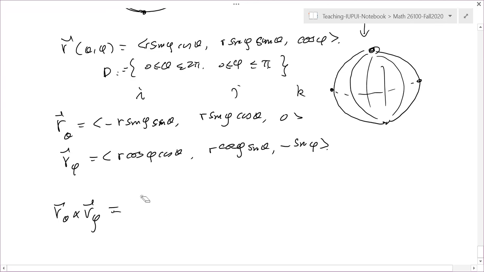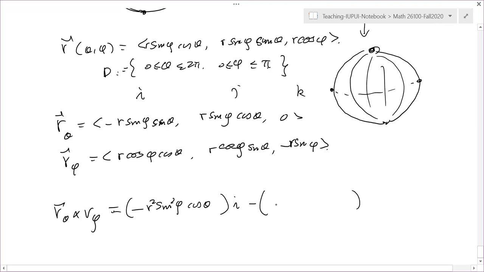Let's rewrite this. So first of all, it's a cross product, negative r sine phi sine theta, cosine theta. Okay, this is i, minus j. So this will be, oh, there's r here, right? So here's r squared.